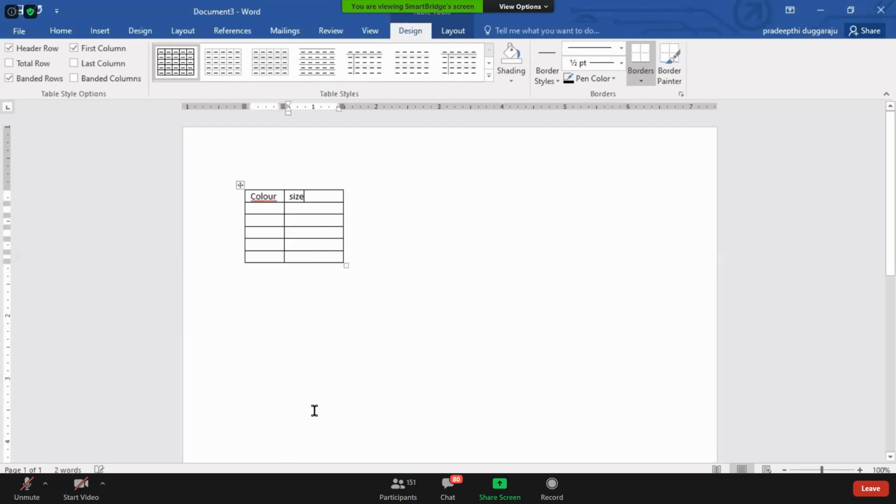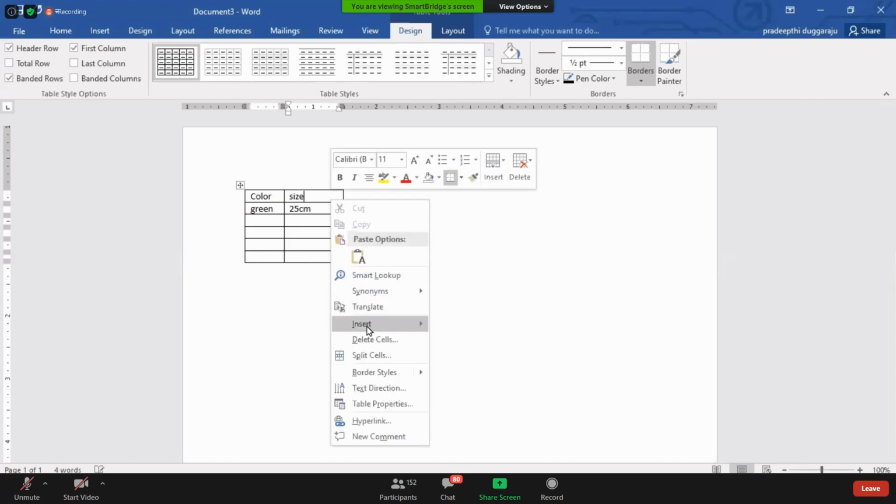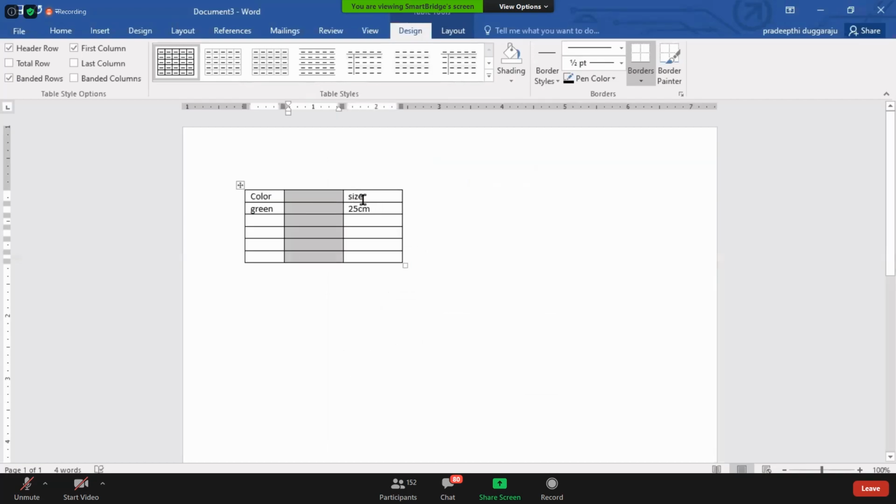So let's suppose, let's take a data set where the color is green, and I consider this as a green apple. Size is somewhat like 25 millimeters. Let's suppose output is apple. All right.